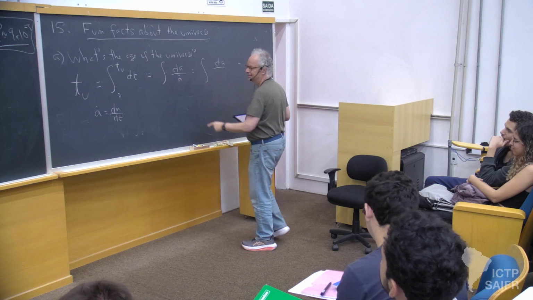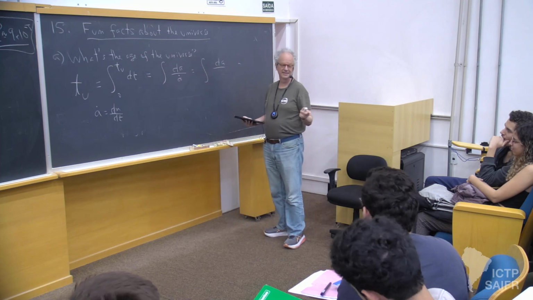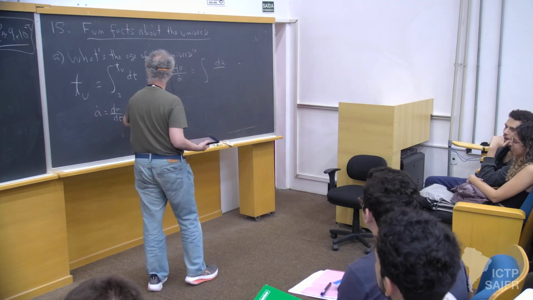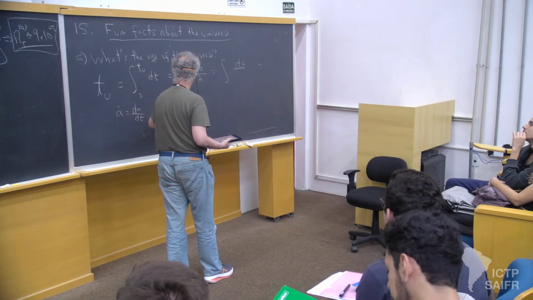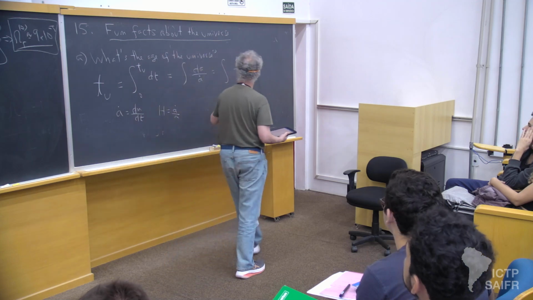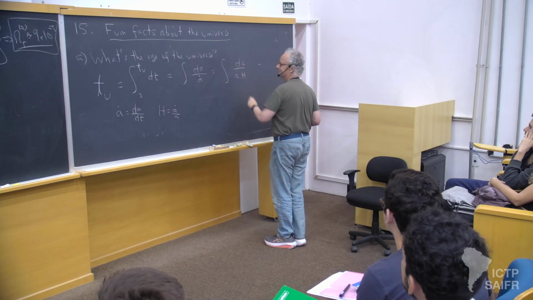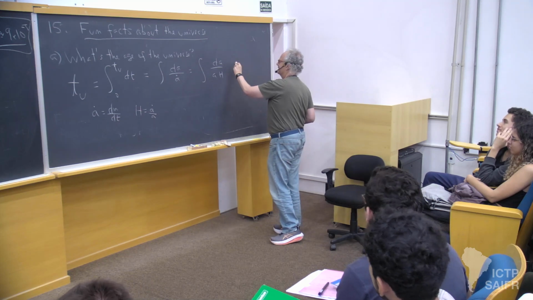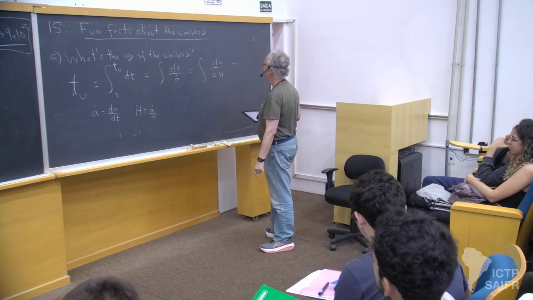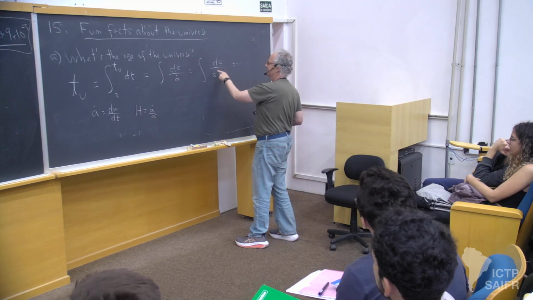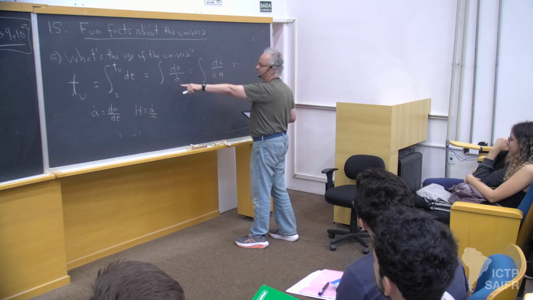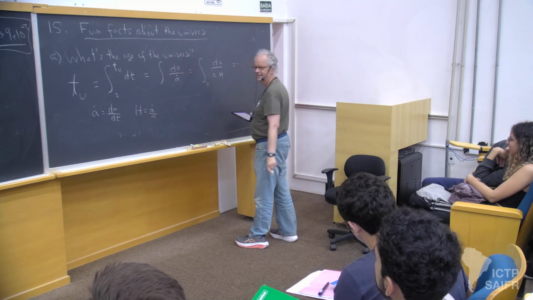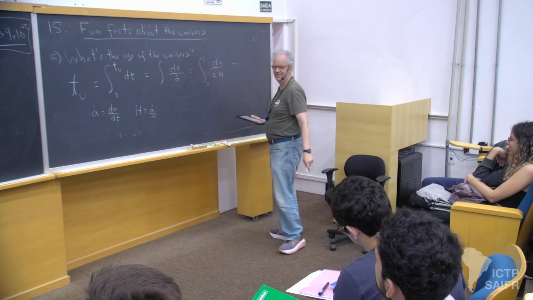A dot is related to the Hubble parameter: the Hubble parameter is A dot over A, so A dot is A times Hubble. So what is the value of A in the beginning of the universe? What is the value of A today? That's the integral.